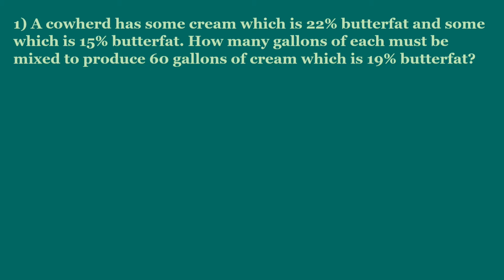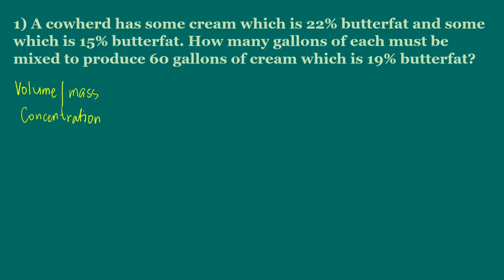Now, in mixture problems, what we really have to look for is the volume of what is being mixed. Could be volume or mass. And then we also need to know the concentration, which is usually given in percent.